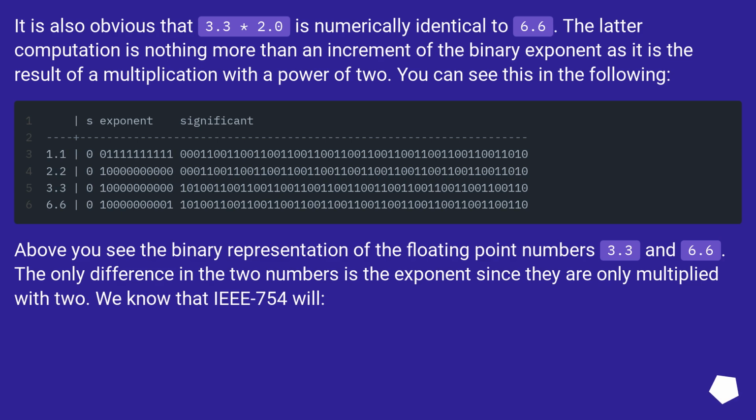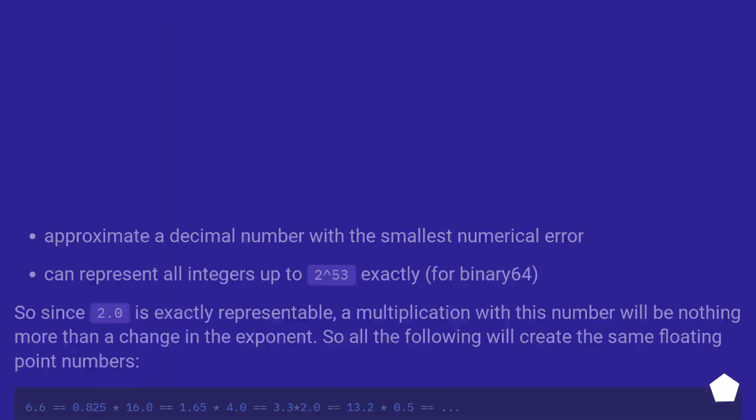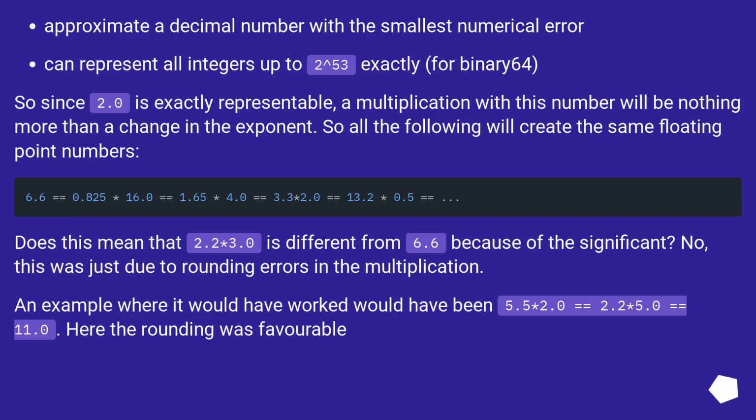Above you see the binary representation of the floating point numbers 3.3 and 6.6. The only difference in the two numbers is the exponent, since they are only multiplied with 2. We know that IEEE 754 will approximate a decimal number with the smallest numerical error, and can represent all integers up to 2 to the power of 53 exactly, for binary64.